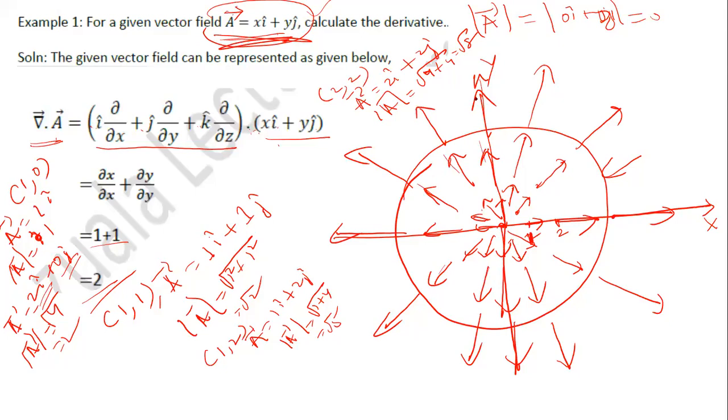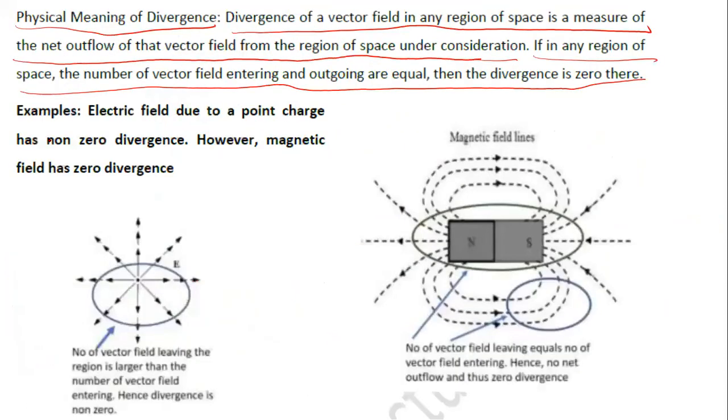So this vector field, represented by the formula a vector equal to xi plus yj, has non-zero divergence. Non-zero divergence means there is actually a net outflow of the vector field. So when we have a net outflow of the vector field, the divergence is non-zero.